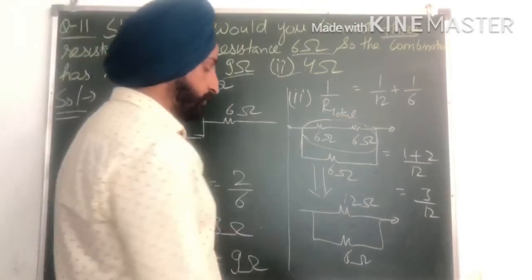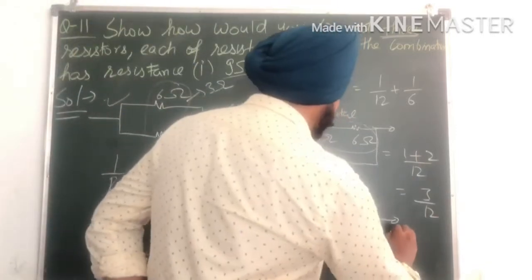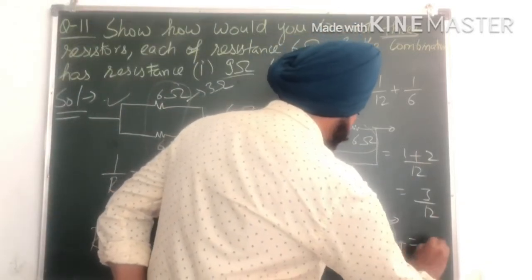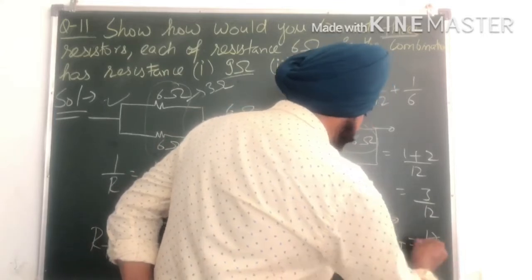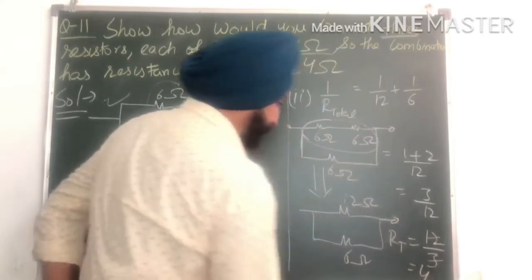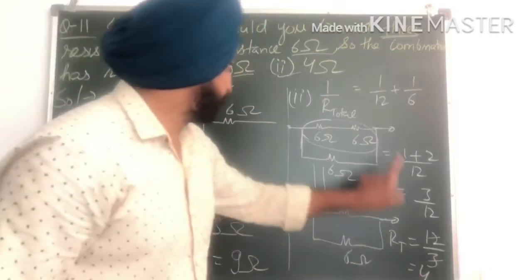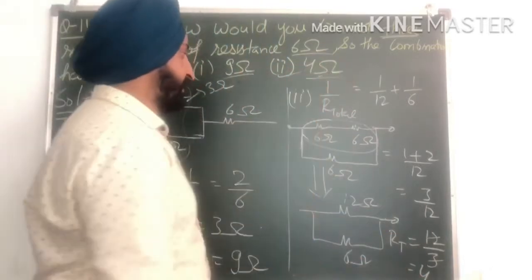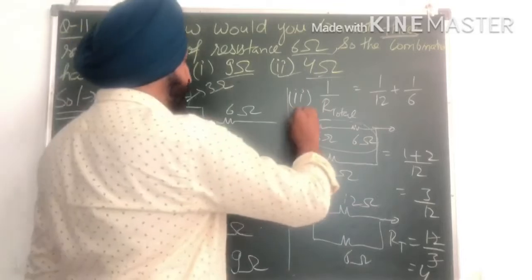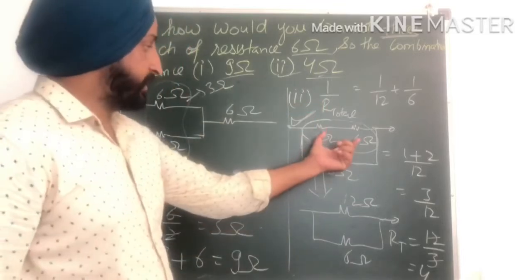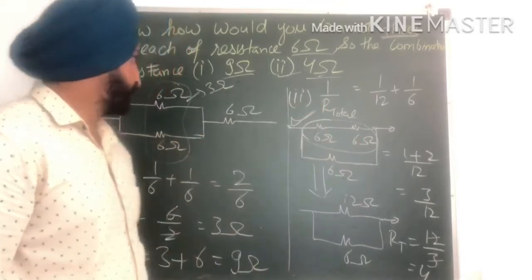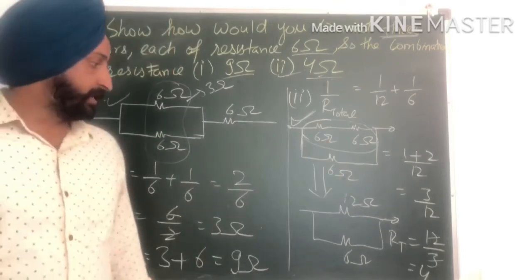So our total would be equal to 12 by 3, it's reciprocal. So our total would be equal to 12 by 3, that is equal to 4. Fine. So in this way we can get the total resistance of 4 ohm by connecting the resistors in this manner. 2 in series and 1 in parallel with these two. Fine. So this is our question number 11.